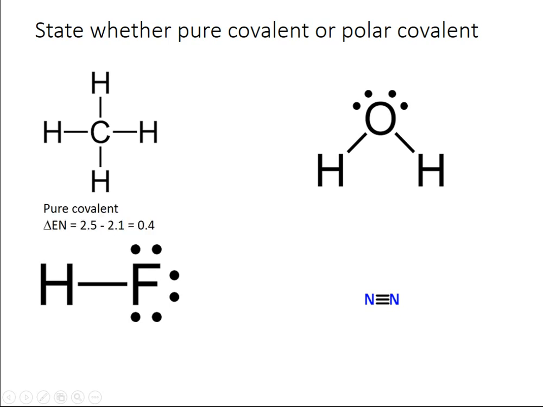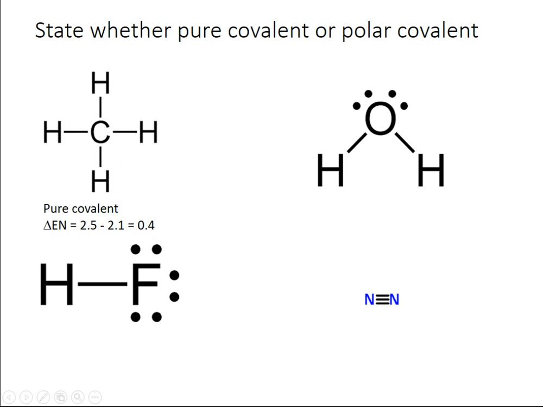So in this case, the first one is a pure covalent bond because the electronegativity of carbon is 2.5 and the electronegativity of hydrogen is 2.1. The change in electronegativity will be 2.5 minus 2.1, which is 0.4. This is less than 0.5, which means this is a nonpolar covalent bond.